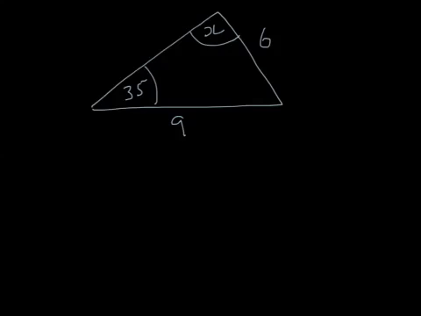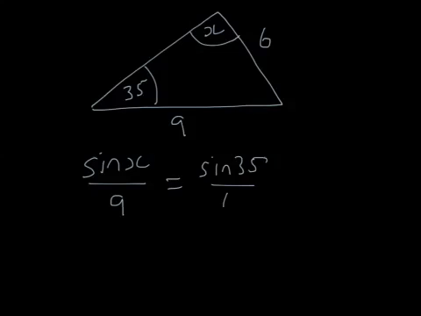Here we've got another example, but this time it's the angle we don't know. The simplest thing is to turn the whole equation upside down. Sine x over 9, they go together because they're opposite each other, equals sine 35 over 6. They go together because they're opposite each other.